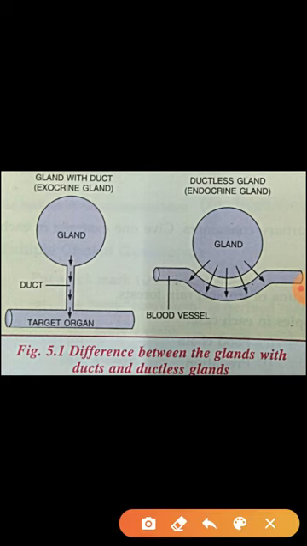In the exocrine gland, suppose it is a gland situated in the body, and it is the organ in which chemical activities are going to happen. It secretes some enzyme for that, and it travels through the duct.